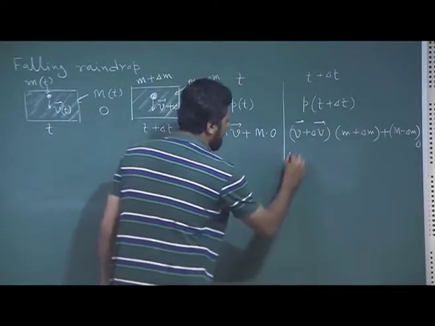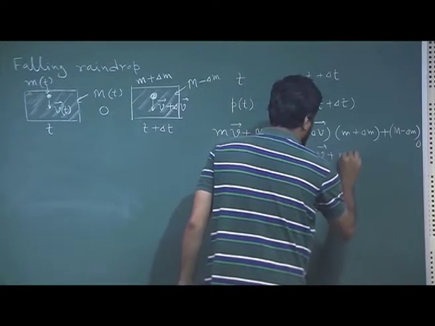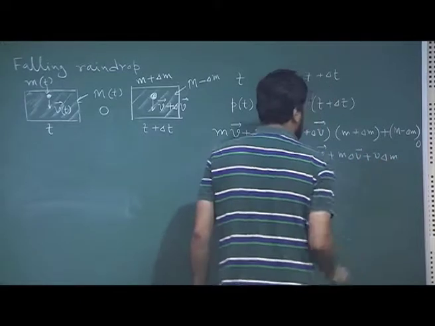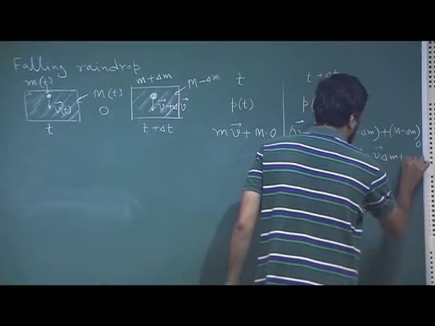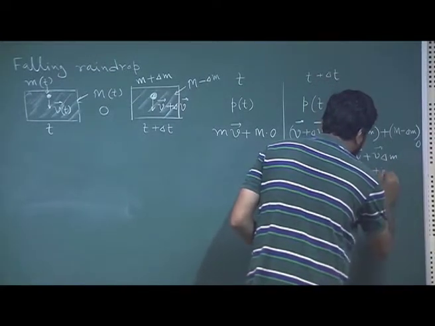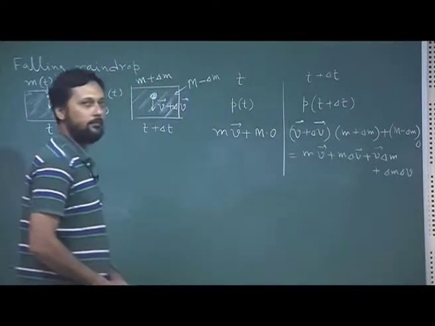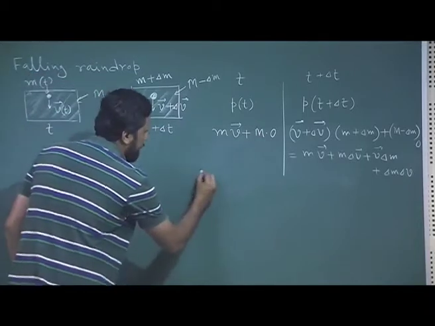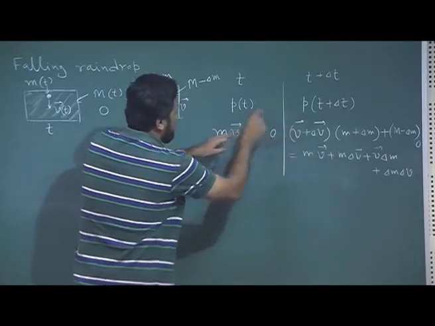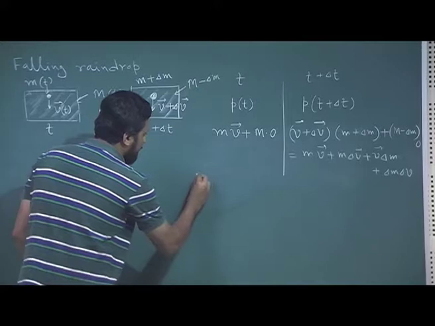So, essentially this is m v plus m delta v plus v delta m plus delta m delta v. So, we try to construct the rate of change of momentum by subtracting this from this and dividing the whole thing by delta t and taking this limit.